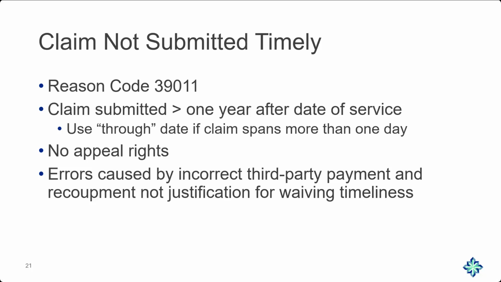So if you thought that the patient only had Medicaid and then later on you realized they had Medicare and Medicaid, or you didn't know that the patient was still working, you forgot to ask them questions about other coverage, those types of things don't automatically give you a waiver for being past the time limits. There are also not reasons for requesting an appeal. There was no initial determination, so it's not appealable.